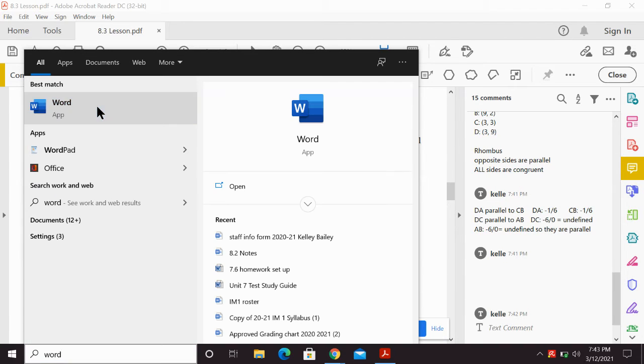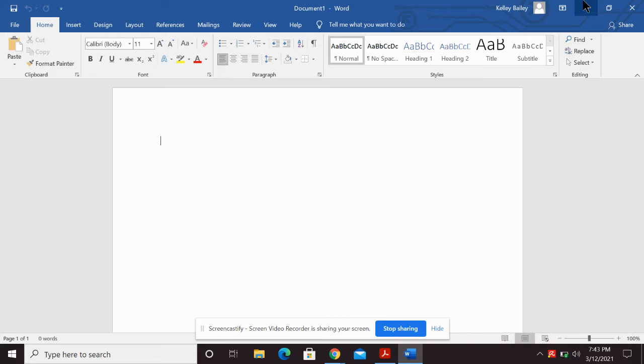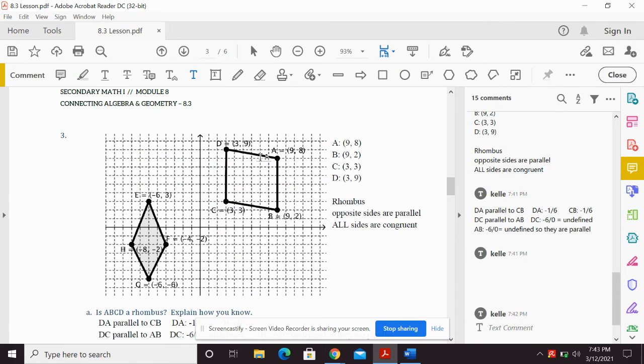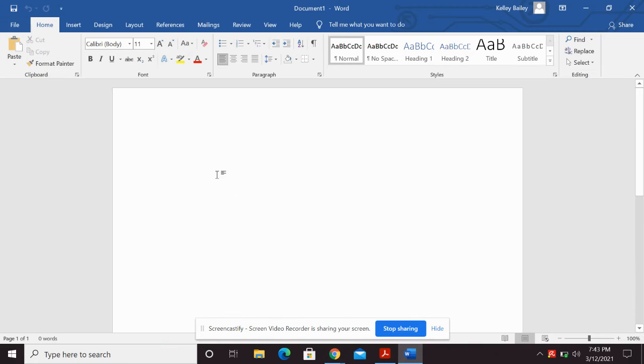I don't want to get up to charge it. Let's see if we can do this. Okay, so my coordinates are 3, 9 and 9, 8.